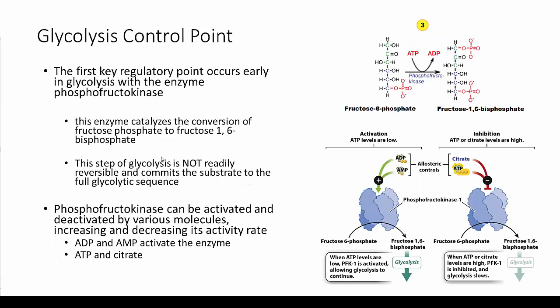So back to where we were in the sequence here. This stage, which is step 3 of glycolysis, represents a key control point for glycolysis. And the enzyme here is phosphofructokinase, the enzyme that takes fructose 6-phosphate and converts it to fructose 1,6-bisphosphate. Now, this enzyme is referred to as an allosteric enzyme.